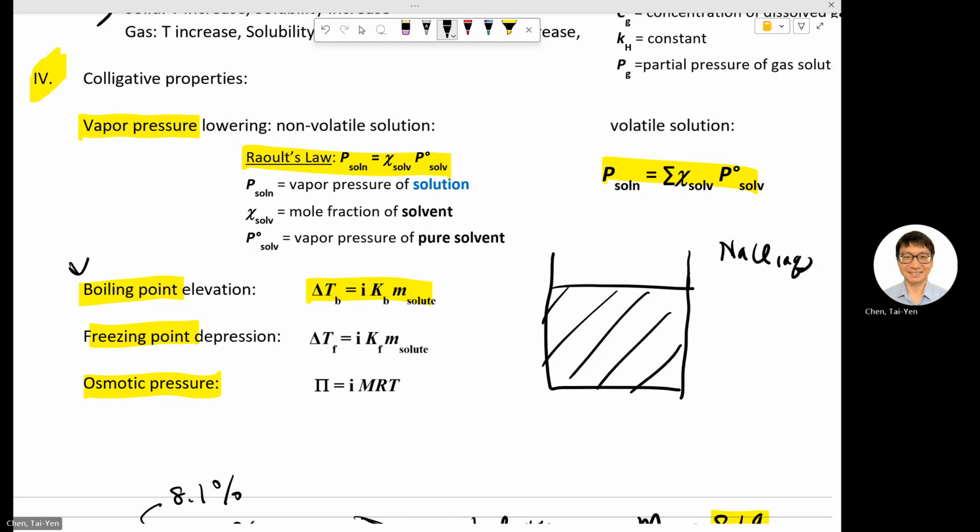You should notice that here I say the vapor pressure lowering, meaning if you throw in more solute, the vapor pressure will decrease more. Boiling point elevation: you throw in more solute, the boiling point of your solvent will increase. Freezing point is going to decrease. Osmotic pressure is going to change as well, depending on this equation.